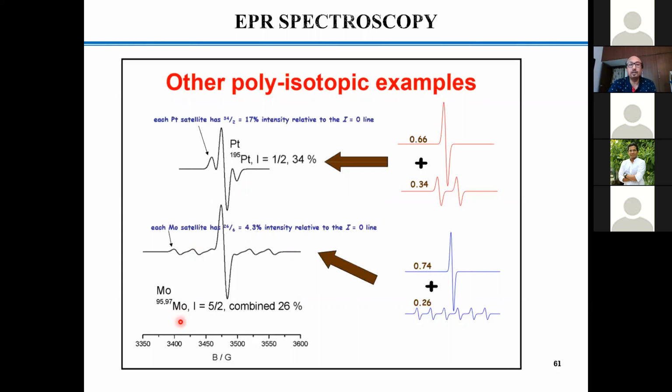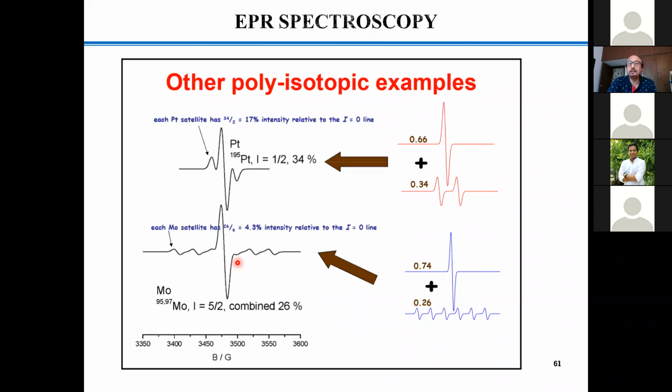Similarly, if you go for molybdenum, you will see the molybdenum 5 compound. Molybdenum is below scandium, titanium, vanadium, chromium. Below chromium is molybdenum, that means D4S2.